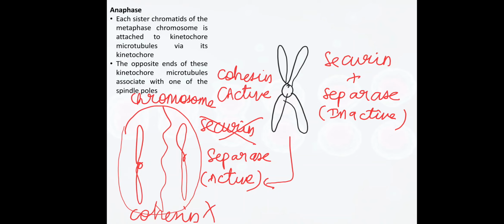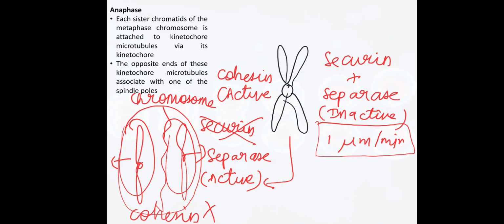After separation, it is pulled slowly towards opposite poles. All of the newly separated chromosomes move at the same speed, typically about 1 micrometer per minute. This is the speed at which the chromosomes, meaning the separated chromatids, move.